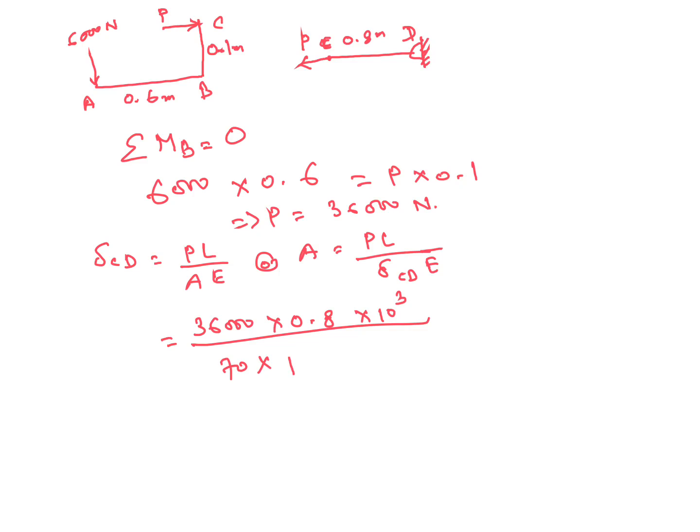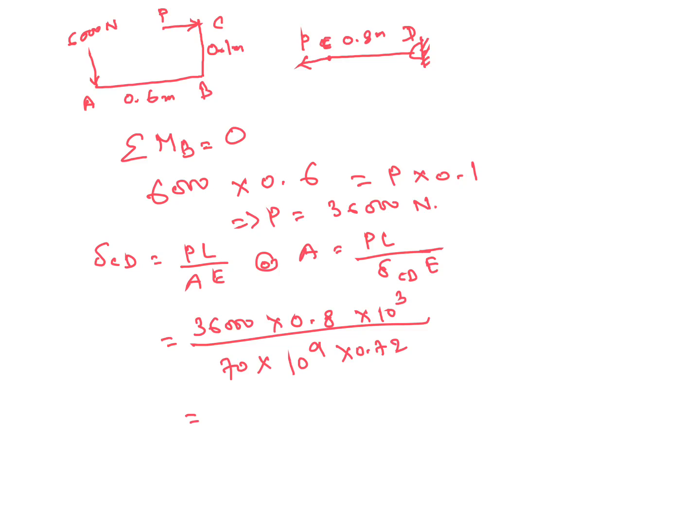So 10 to the power 9 into 0.72. 70 GPa is equal to 70 into 10 to the power 9 Newton per meter square.